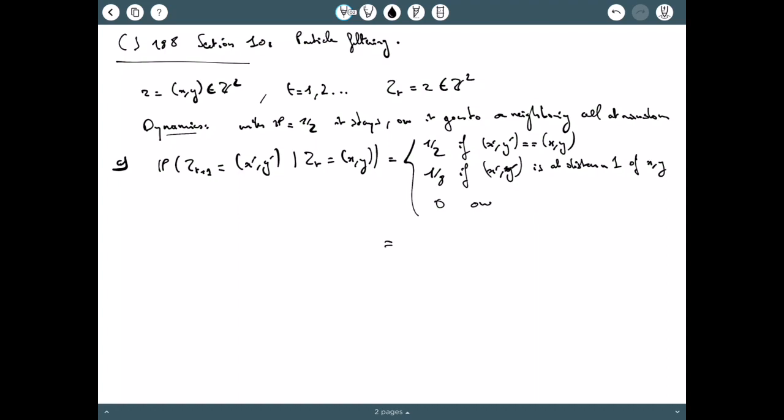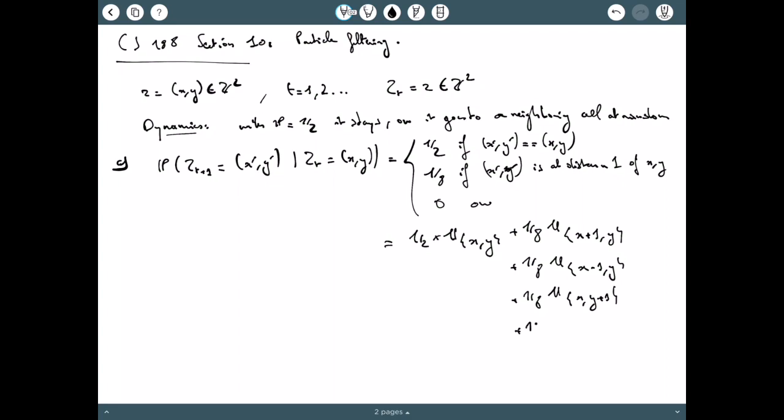So this you can rewrite as 1/2 times the indicator function in xy, plus 1/8 the indicator function in x plus 1, y, plus the same thing in x minus 1, y. So that's when we move left or right. And now we study the case in which we go up or down.